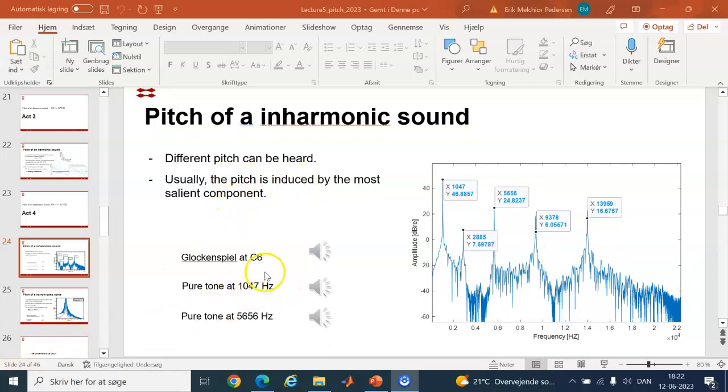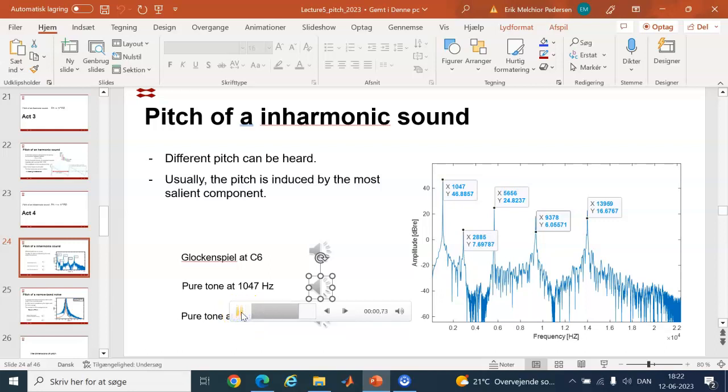We have here a glockenspiel at C6. A pure tone at 1047 Hz and a pure tone at 5656 Hz. Now we listen. Glockenspiel. It's just one tone, this sound. The next one, pure tone at 2007.